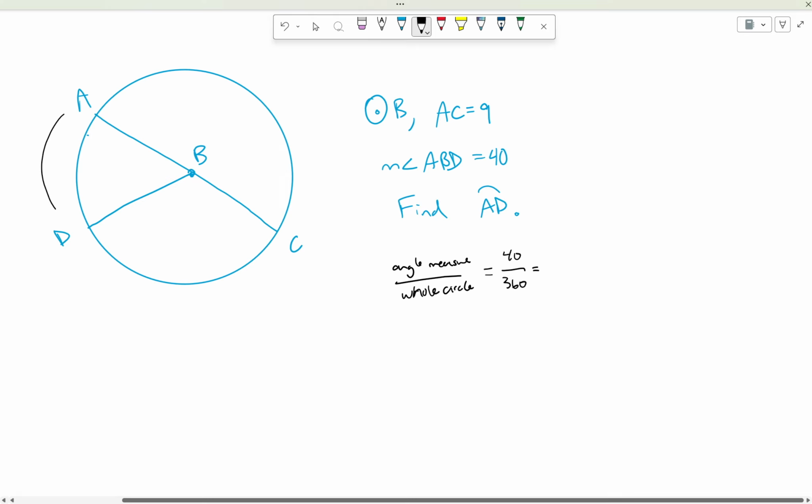Okay. And then here we have arc AD over the whole circle. Now, how would you figure out this whole circle? It says AC, which is a diameter, right? So for that whole circle, the circumference is going to be pi times that diameter, okay? Circumference, again, is equal to pi times the diameter.